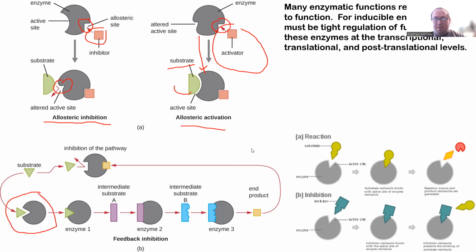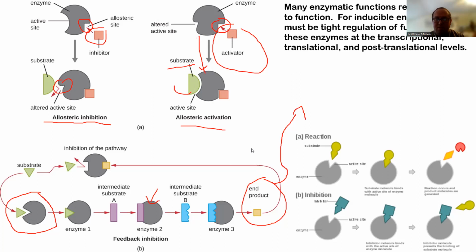So here's the enzyme, it's interacting with its certain substrate as it forms its various intermediates and interacts with other enzymes along the biochemical pathway, you end up with an end product. And if you have a lot of substrate, but you only need a certain amount of end product, this end product goes to do whatever.